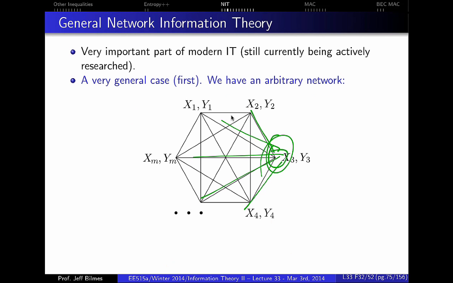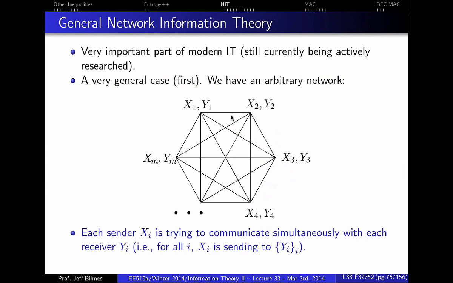Can we characterize the boundaries within which we know that if we're in the achievable region, there exists a set of codes that achieves vanishingly small probability of error for everybody? Or maybe, like I said, it doesn't need to be for everybody. It can be for some set of communicators. And if you're outside of this achievable region, you're guaranteed that you can't communicate. So that's the idea of network information theory.